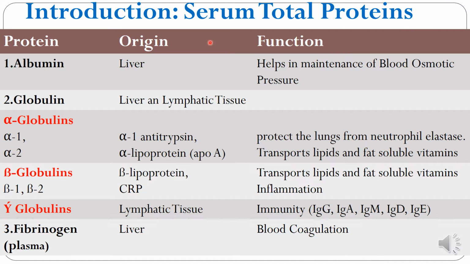So as you can see, the serum total proteins contain six components, that is albumin, alpha 1 and alpha 2 globulins, beta 1 and beta 2 globulins, and gamma globulins, which makes six of them. Whereas in plasma, there is a seventh component, which is the fibrinogen. So, this is what you have to remember.